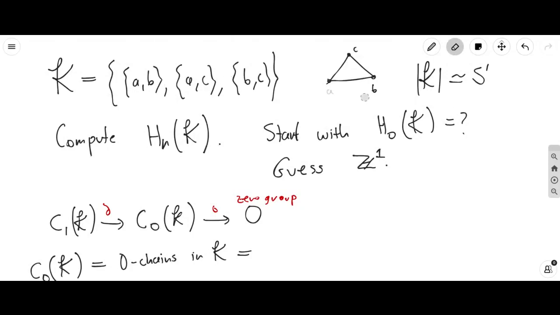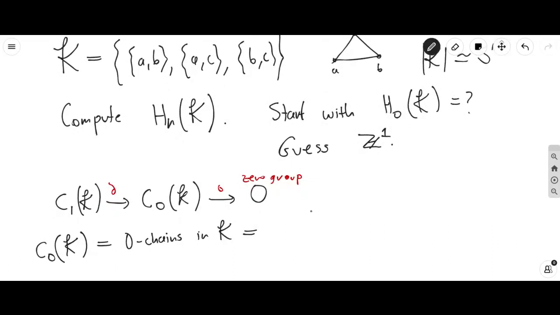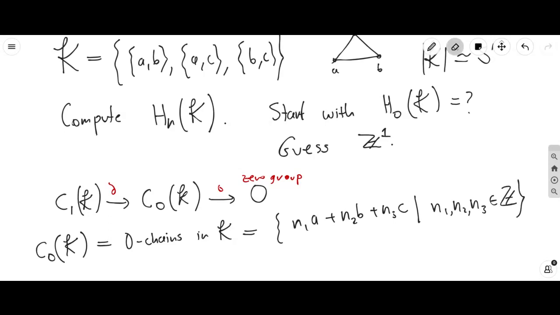There's 3 of them, A, B, and C. So C0 as a group would be generated by A, B, and C, and then you have arbitrary coefficients. Let me write it like this: N1A plus N2B plus N3C. So it's all linear combinations where the coefficients are allowed to be integers. Okay, so that's what it would be.